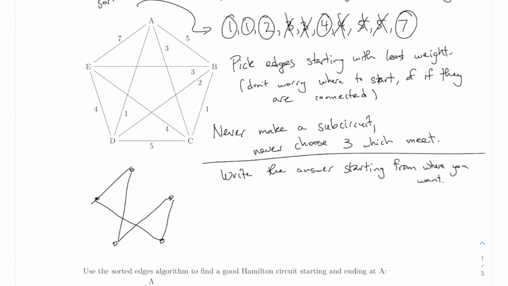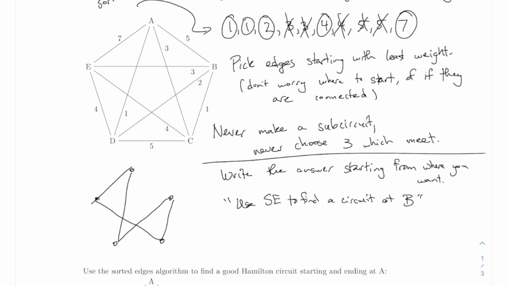Now, in this problem, I didn't say specifically, find me a circuit which starts at B, but if I did, for instance if it said, use the sorted edges to find a circuit at B, then I would take this answer. This starting point of B had nothing to do with the whole procedure. You ignore the starting point when you're doing the procedure. It's just at the very end, I can write this as if it was starting and ending at B.